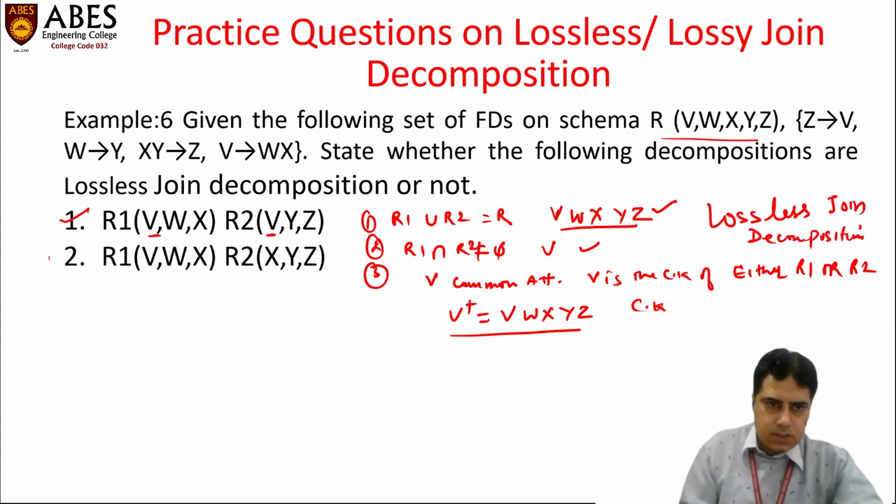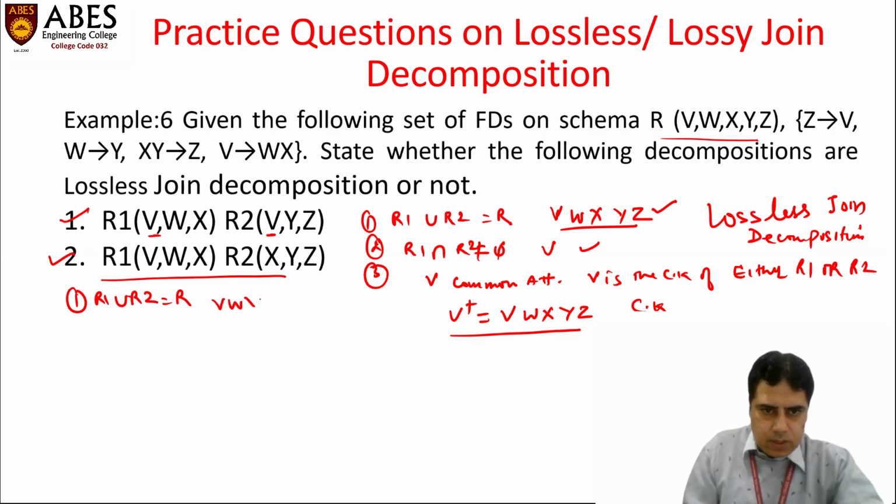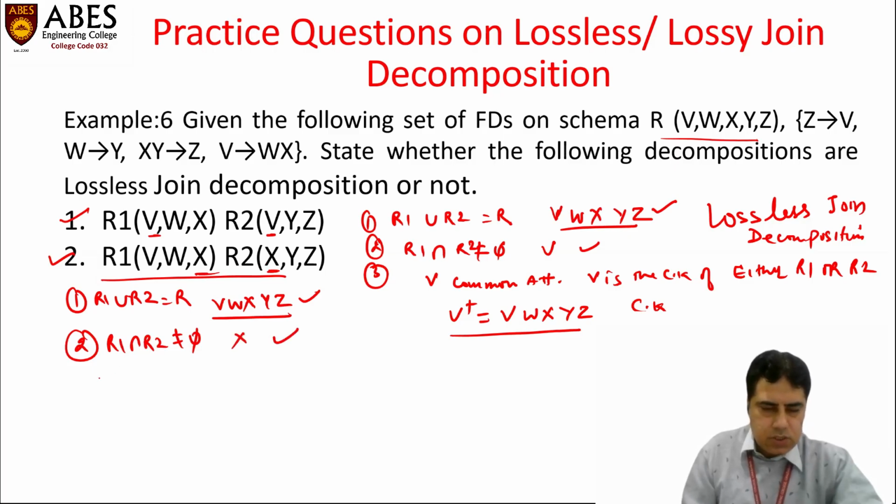Now let us take the second example. Condition number 1, R1 union R2 is equal to R, V W X Y Z. Yes, it is satisfied. Second condition, R1 intersection R2 does not equal phi. The common attribute is X. So the second condition is also satisfied. Now check the third. X must be the candidate key.